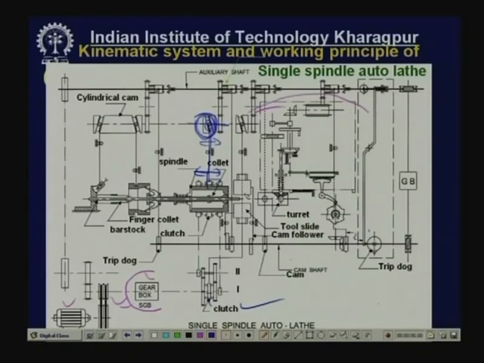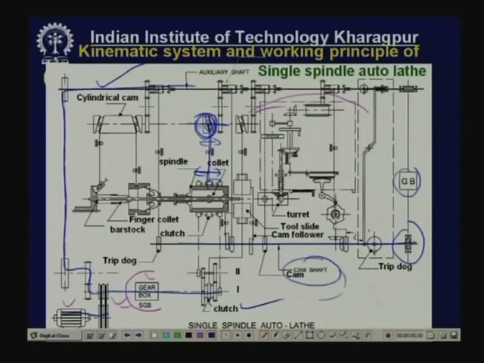Before that, let me again tell you that power comes from this motor and goes to this shaft. It also goes to another shaft, called the auxiliary shaft, which rotates continuously, constantly at 120 rpm. From this shaft, the power comes through a gearbox and a reduction mechanism into another shaft called the camshaft, which rotates very slowly, and one camshaft rotation means one job.